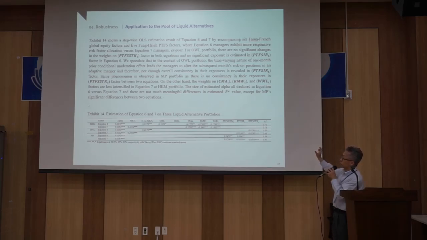Equation 6 and equation 7 can be compared in terms of consistency of those systematic factor exposures. Whenever equation 6 and equation 7 show inconsistencies in the factor exposures, that means there might be some over-specification issues.